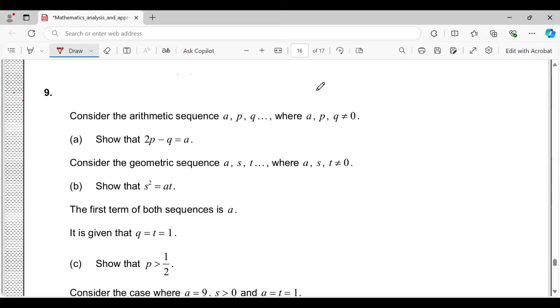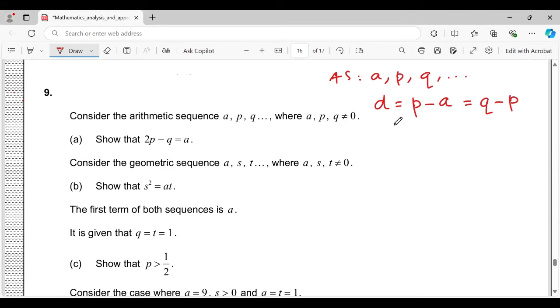Right, so the arithmetic sequence a, p, q, and so on. The common difference of this arithmetic sequence is p minus a, or q minus p.